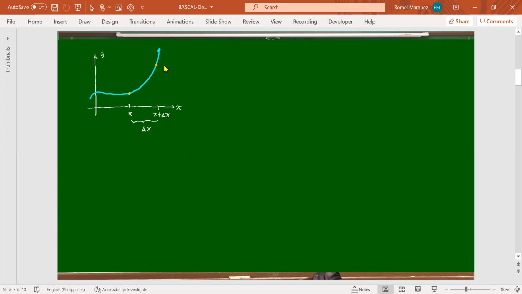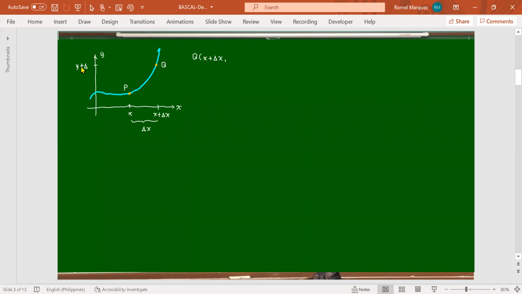Let's say this is Q and this is P. My Q has coordinates x plus delta x, and the corresponding y value is y plus delta y.